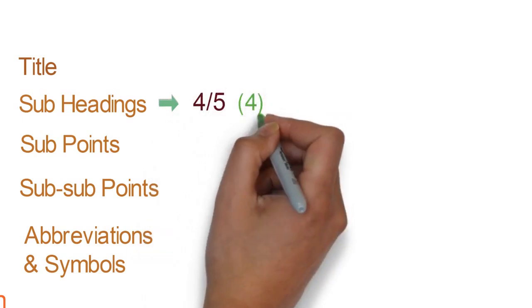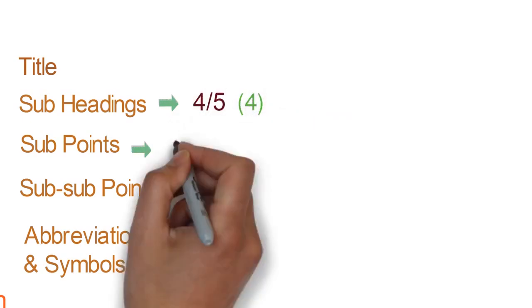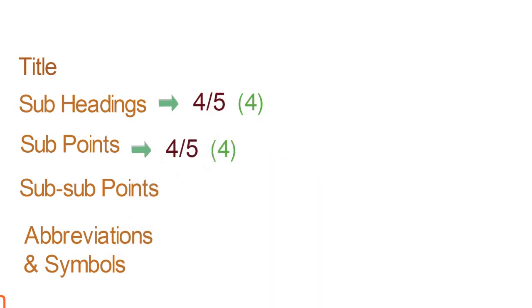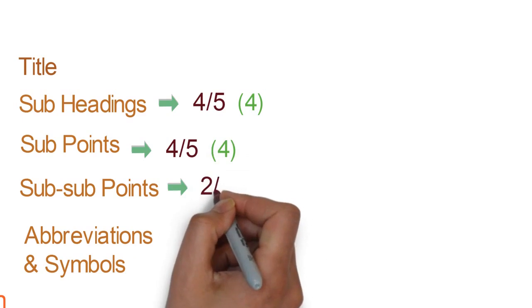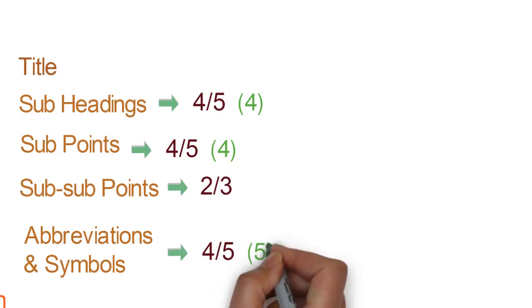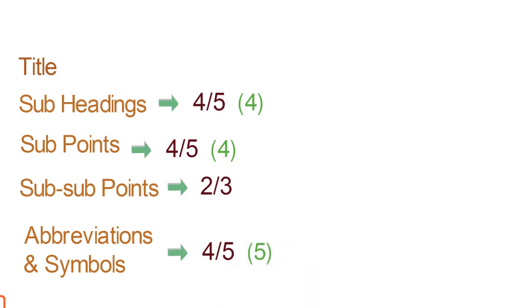Best would be 4. Subpoints should be 4 or 5. Best could be 4. Sub-subpoints should be 2 to 3 depending on the need. And abbreviation should be 4 or 5. Best is 5. This is just an estimated version. You can consult with your teacher and add the points accordingly.